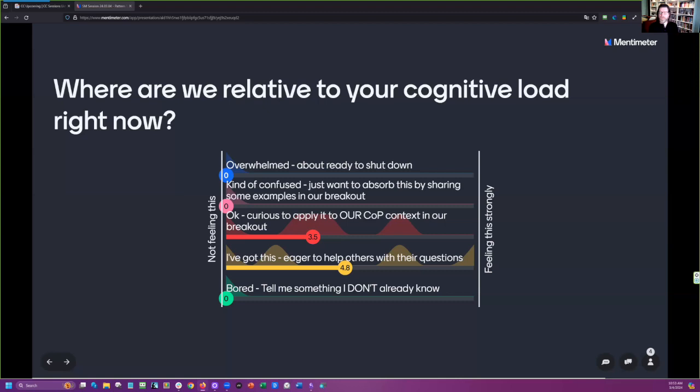While you're filling that out, one of the things that we're valuing here is the cognitive shift through experience versus just talking about it.